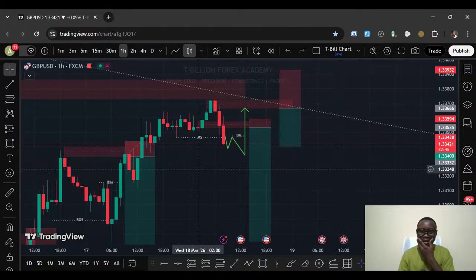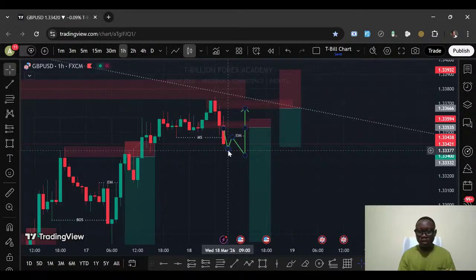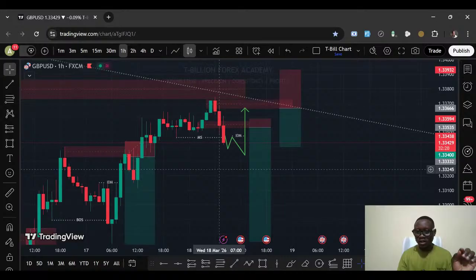Now again, this is a reversal concept. If for any reason price didn't give us the expected price action, it's simple. We are going to join the bearish trend using a continuation pattern.